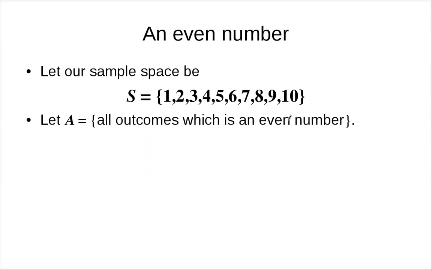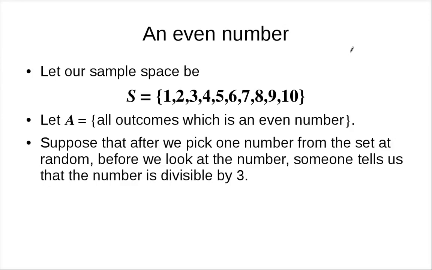So let's look at one example of that. Suppose we have the same sample space, and we let A be the event that you get an even number. Now suppose we already know that the probability of event A is 1/2.